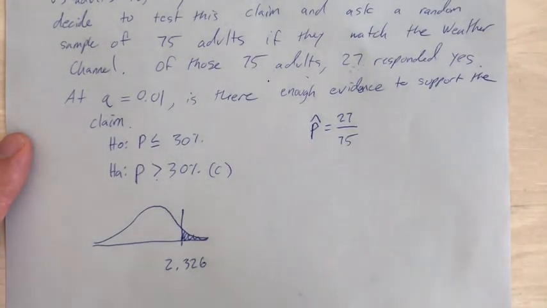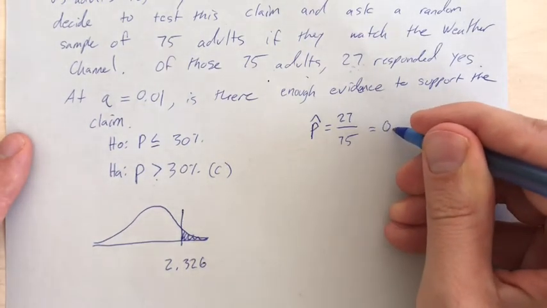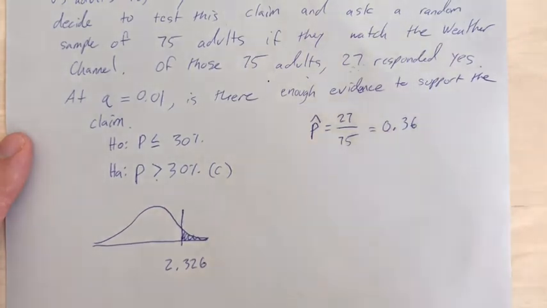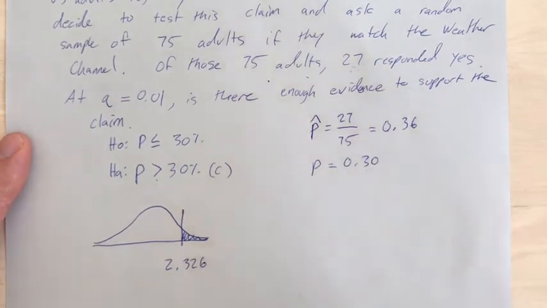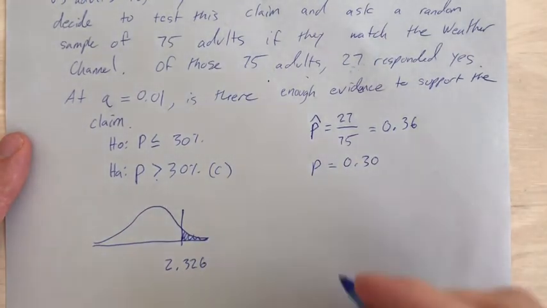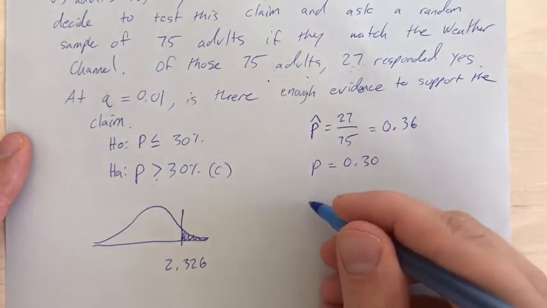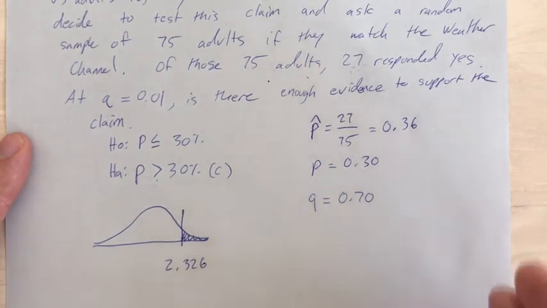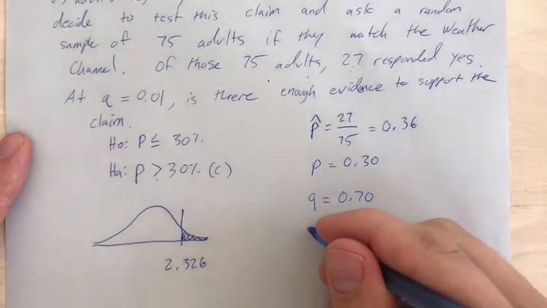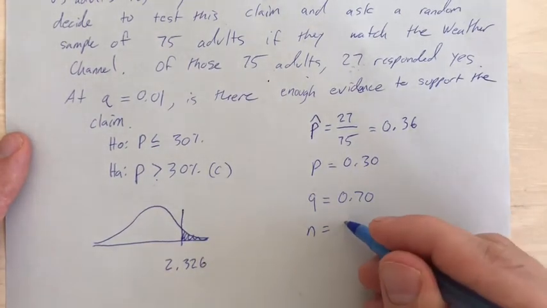So 27 divided by 75 gives us 0.36 or 36%. There's our sample percentage. Our claim percentage is 0.30 as a decimal. Our q, or 1 minus this, is going to be 70%, or 0.70. And last but not least, our sample size is going to be 75.